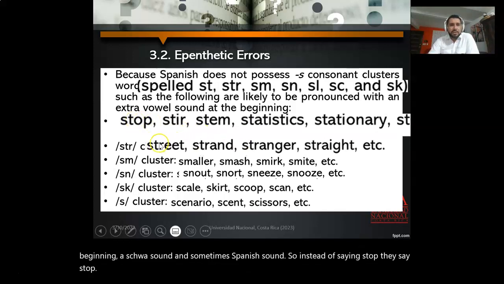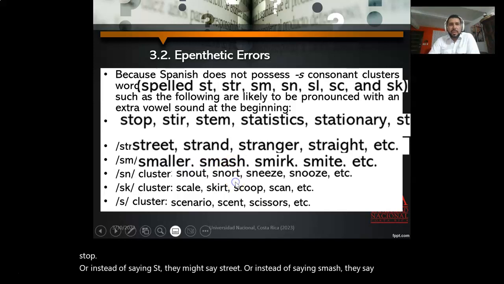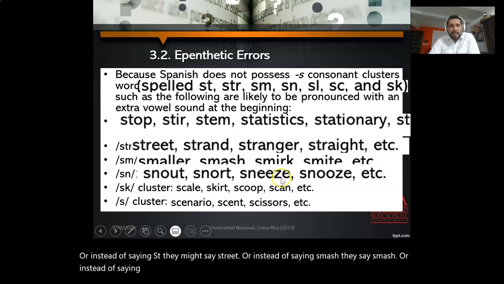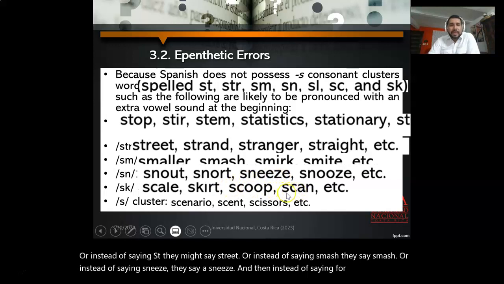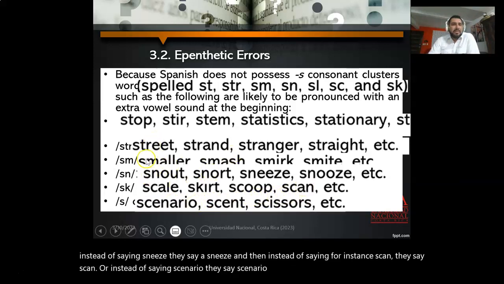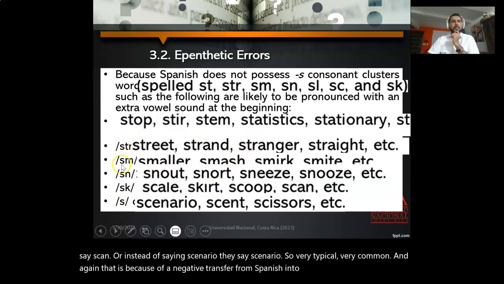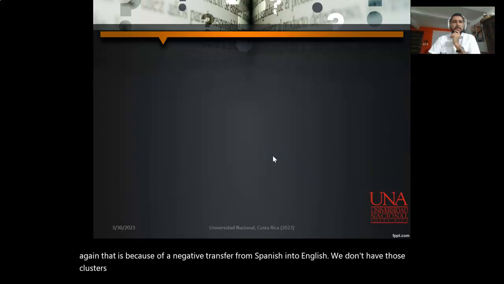Or instead of saying street, they might say street. Or instead of saying smash, they say smash. Or instead of saying sneeze, they say sneeze. And then instead of saying, for instance, scan, they say scan. Or instead of saying scenario, they say scenario. So very typical, very common, and again, that is because of a negative transfer from Spanish into English. We don't have those clusters in Spanish.